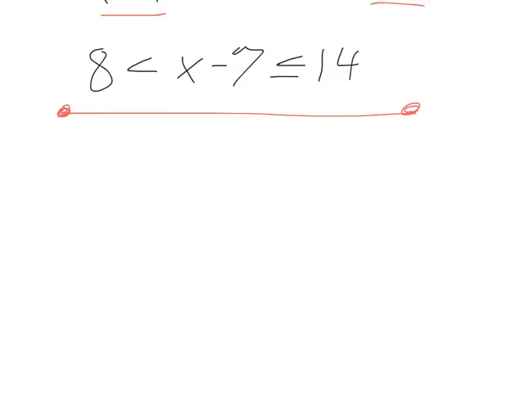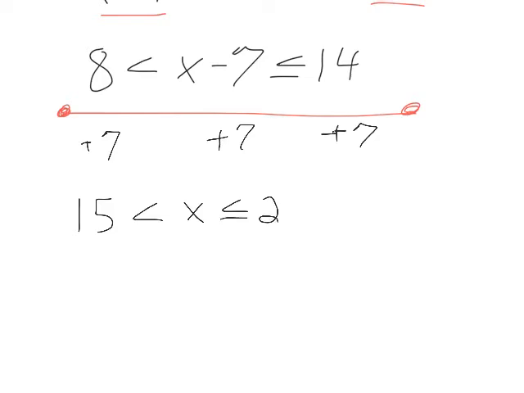So what we'll do is add 7 to all three pieces. So that's going to give me 8 plus 7, which is 15, is less than x, less than or equal to 14 plus 7, which will be 21, okay? Once x is isolated in the middle, you're done, okay?